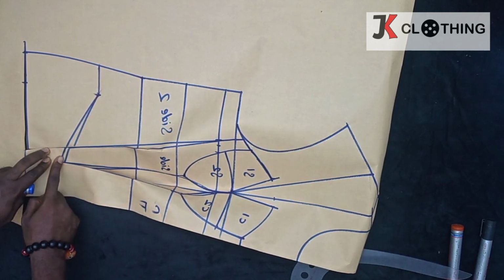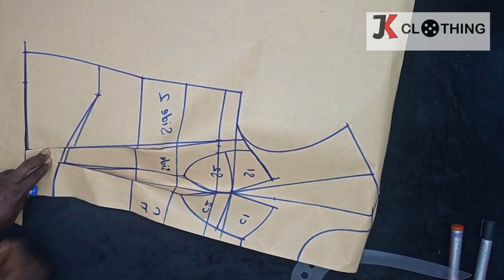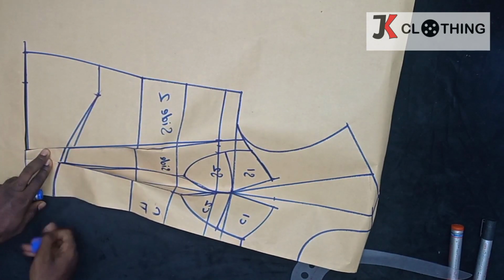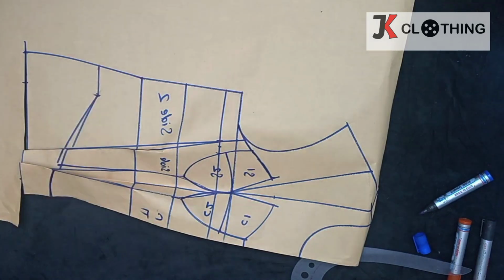So this will be the new hemline we would have for our Victorian corset. We'll go ahead and cut.